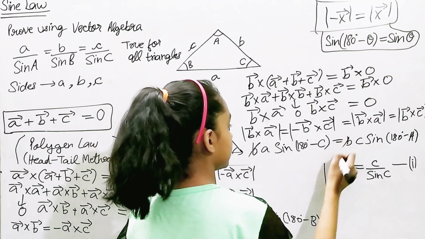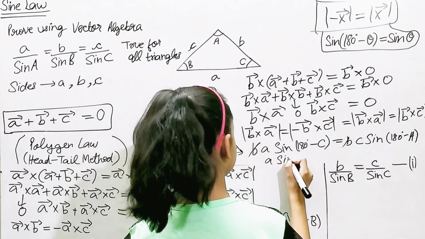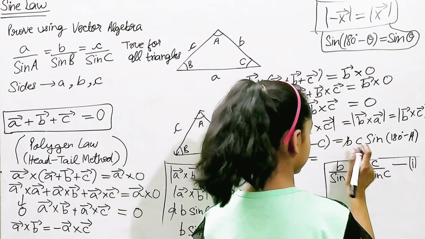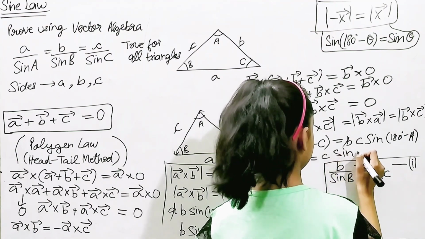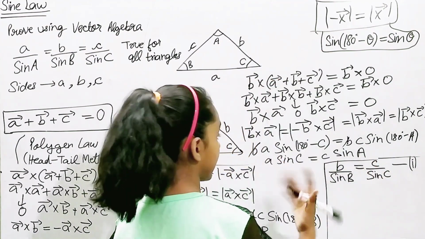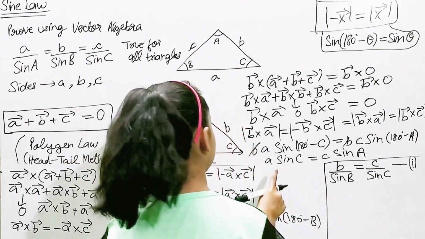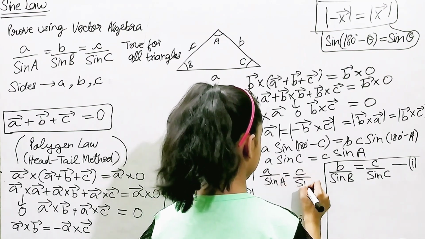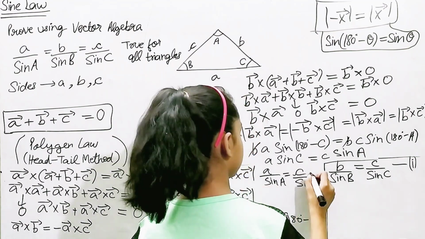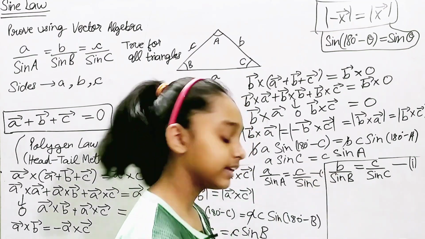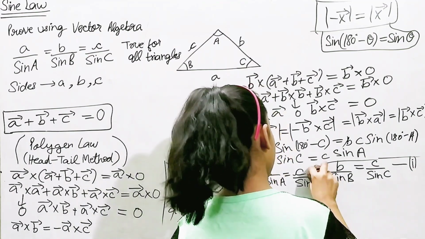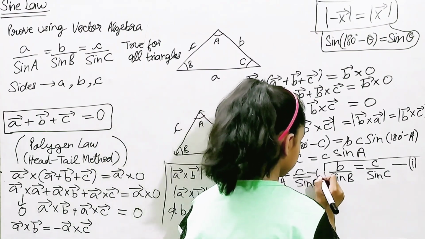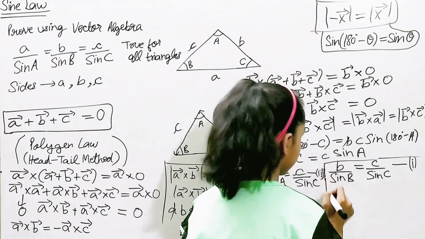Now I'm going to cut B. Now what is left? A sine C is equal to C sine A. And now what I'm going to get is that A by sine A is equal to C by sine C. So this will be our second equation, and we have proved that this formula is 100% correct.